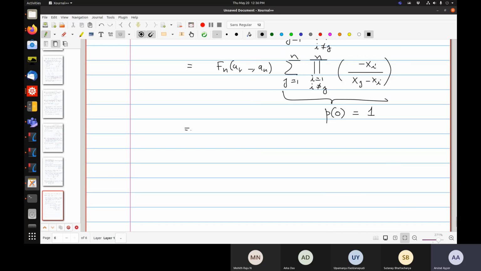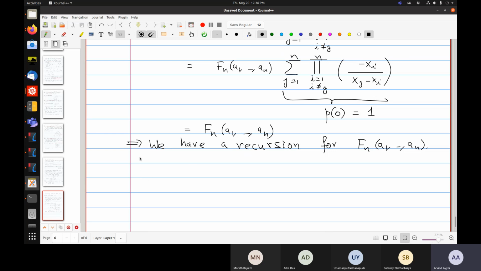So this is equal to F_n of a_1 up to a_n. So we have a recursion for it. This recursion is of order 1 in each variable.